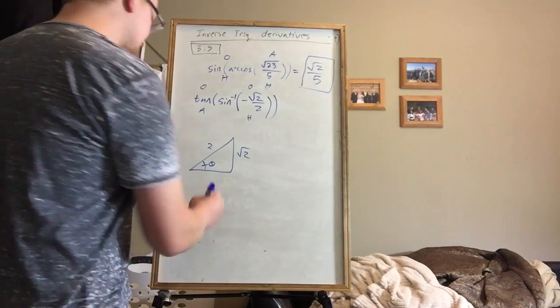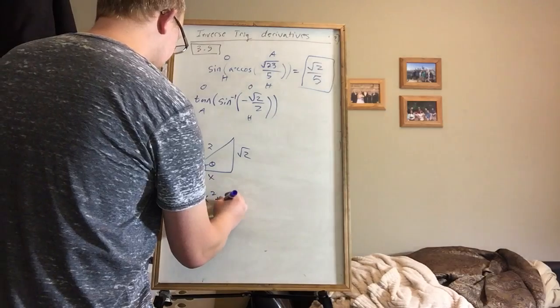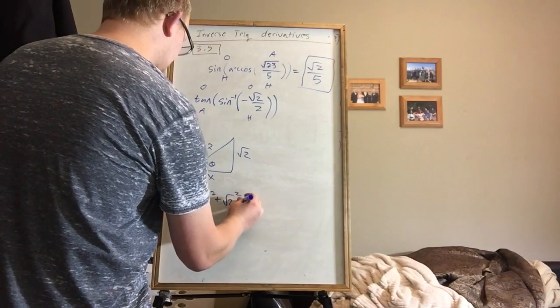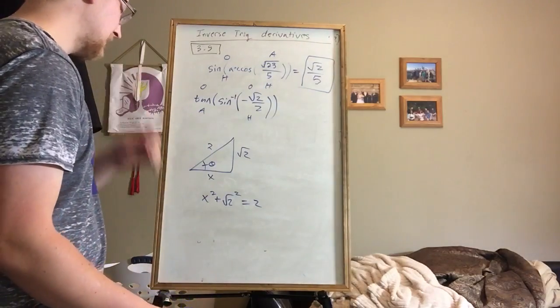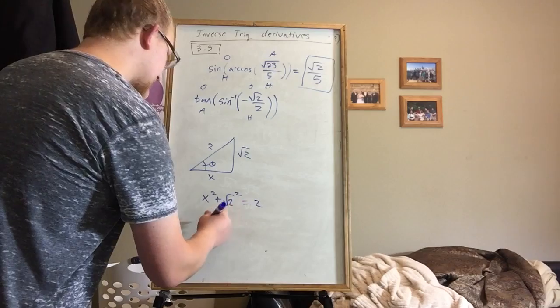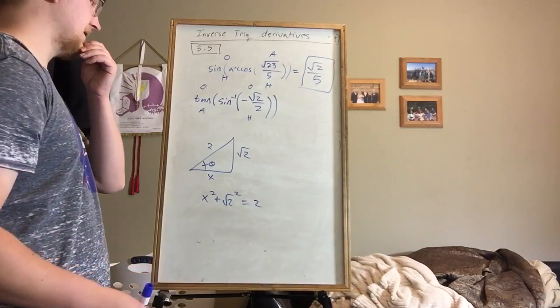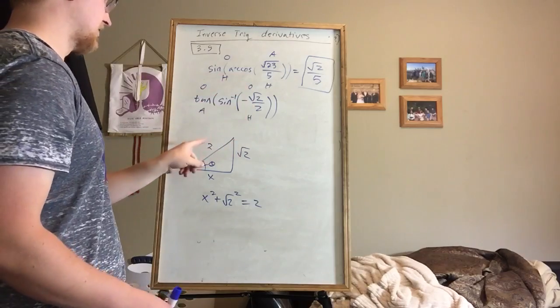To solve for this side, we could label it x. We could say x squared plus root 2 squared equals 2. No, wait a second, that can't be right.